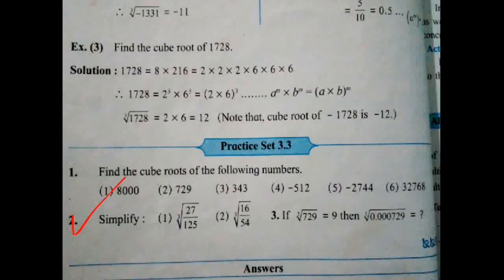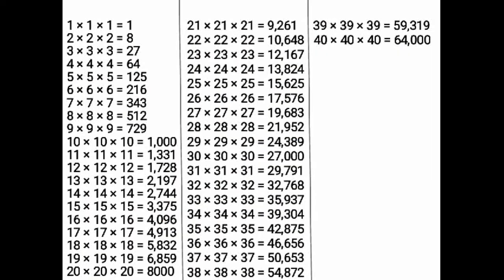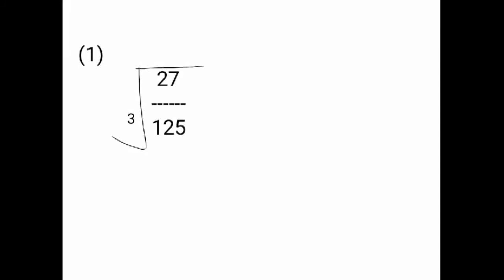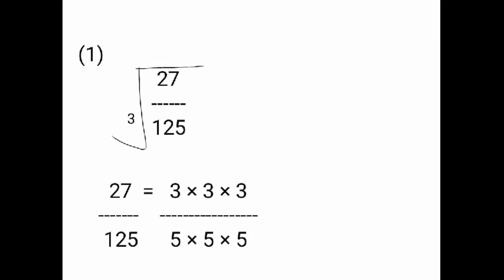Next, simplify. First one, cube root of 27 upon 125. Question number first, we have already done cube roots. Here we can do directly. Cube root of the number 27 is 3. Cube root of the number 125 is 5. That is 27 upon 125 is equal to 3 into 3 into 3 upon 5 into 5 into 5.